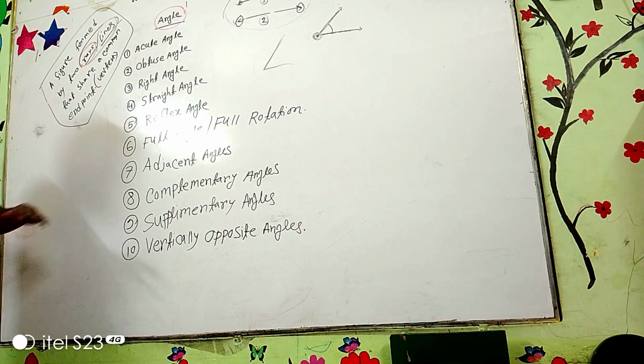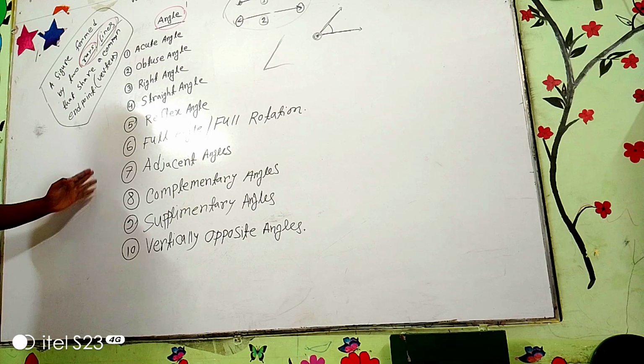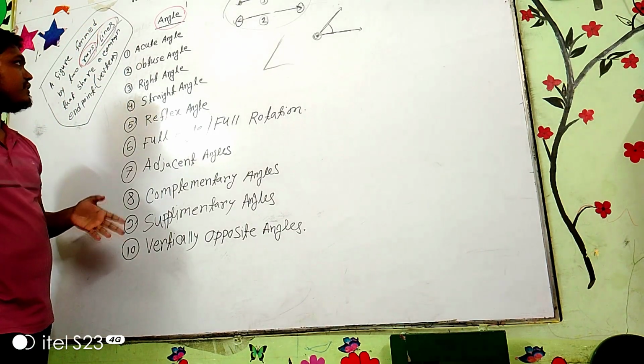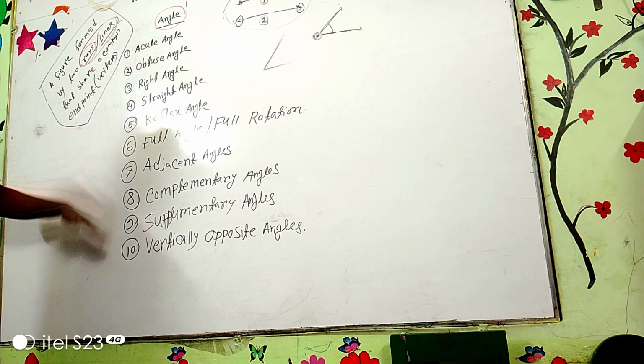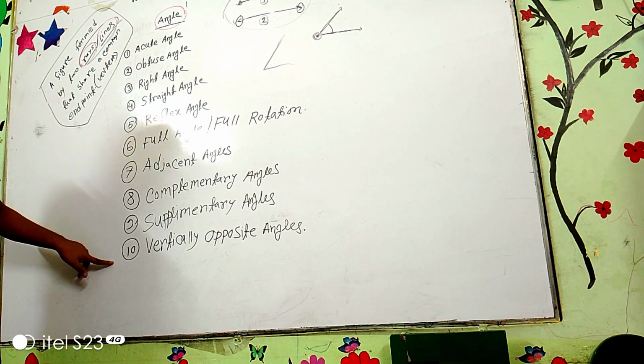Okay. Now we will learn about the classification of angles. You can see there are a total of 10 angles.